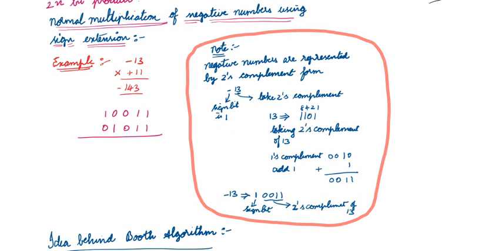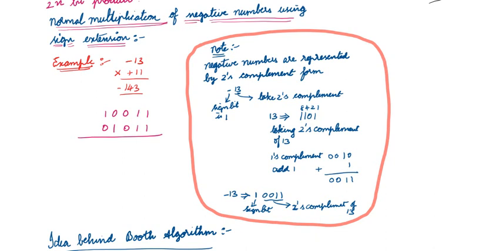Then for 13, we have to take the 2's complement. 13 is 1101, with the weights 8421. What is 2's complement? It is the 1's complement plus 1. 1's complement means all 1's are converted to 0 and 0's are converted to 1. So 1101 becomes 0010, the 1's complement of 13.